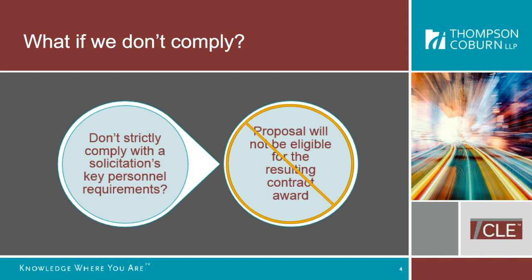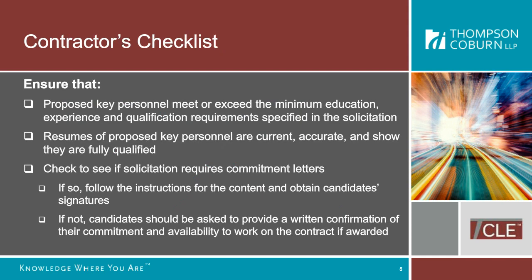So we've come up with this minimum contractor's checklist. The first thing is you must ensure that the key personnel that you're going to propose meet or exceed the minimum education, experience, and qualification requirements specified in the solicitation.